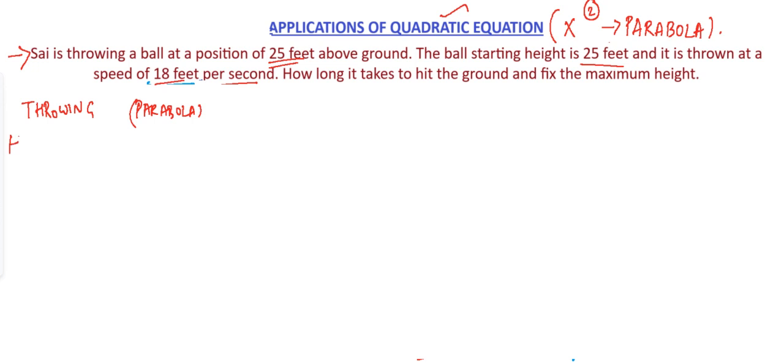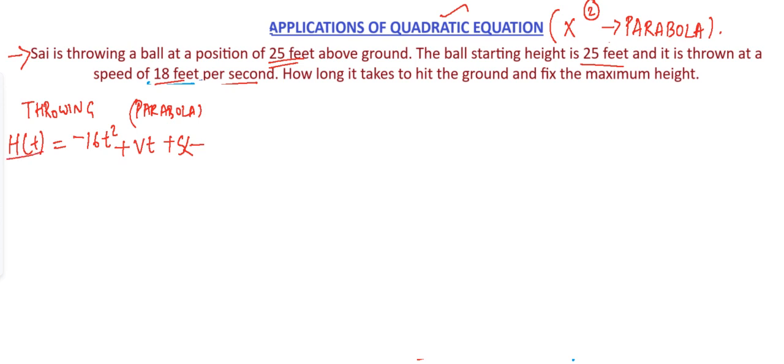If this is the scenario, then h of t will be minus 16t square plus v of t plus s. So this is the special quadratic equation which we need to follow. In another part of my video, I have shown you how we have achieved this formula of minus 16t square plus v of t plus s. You can check that when you find time.